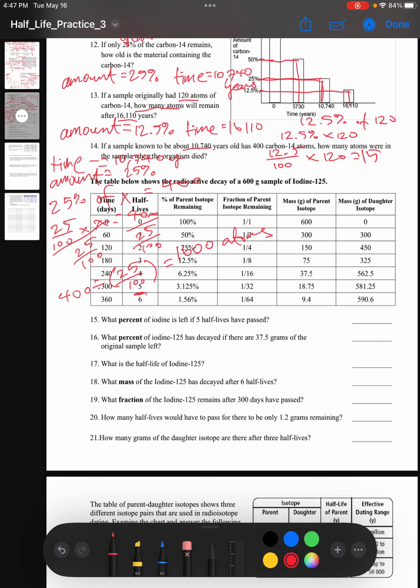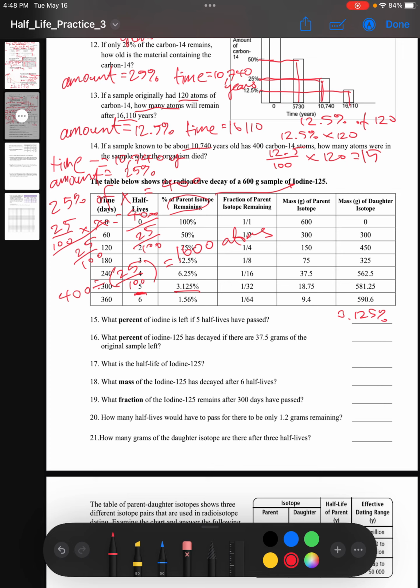After 5 half-lives, what percent of iodine is left? That would be the percent of the parent isotope remaining. The parent isotope is iodine 125. So after 5 half-lives, 3.125% remains.